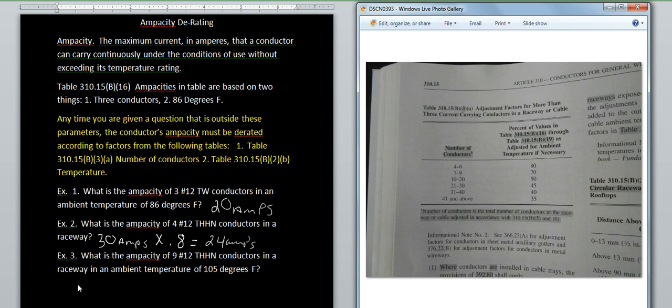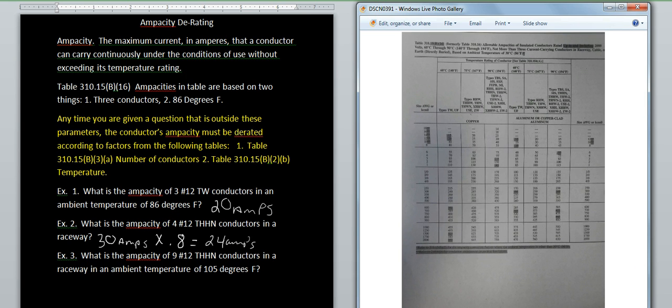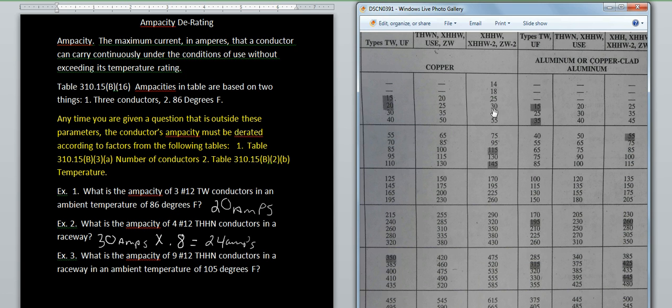Question 3 states, what is the ampacity of 9 number 12 THHN conductors in a raceway in an ambient temperature of 105 degrees Fahrenheit? So again, you would start with 30 amps, because from your ampacity table, number 12, and you're talking about a THHN conductor, that gives you 30 amps.